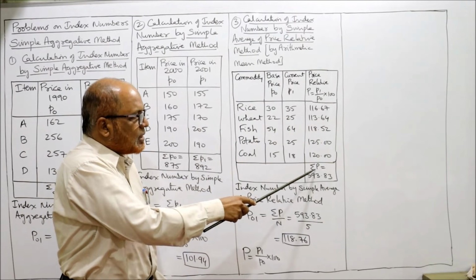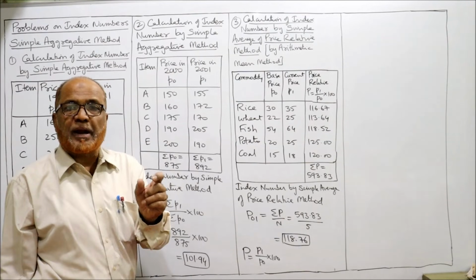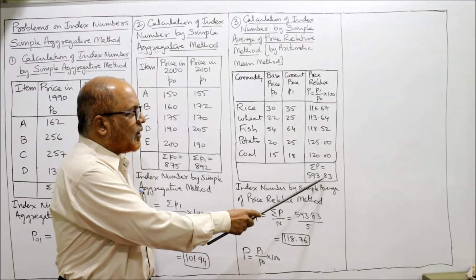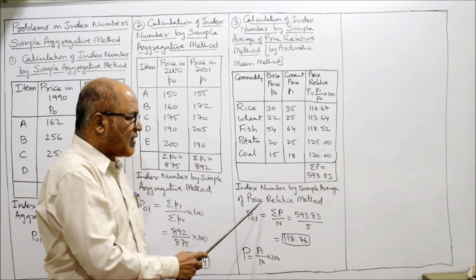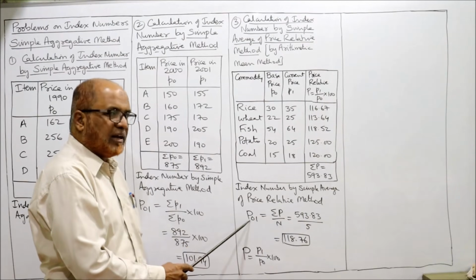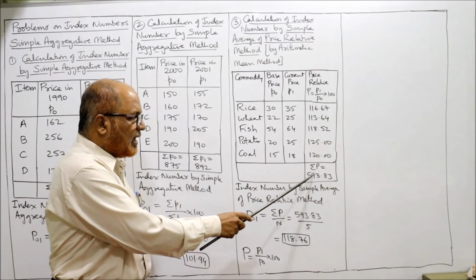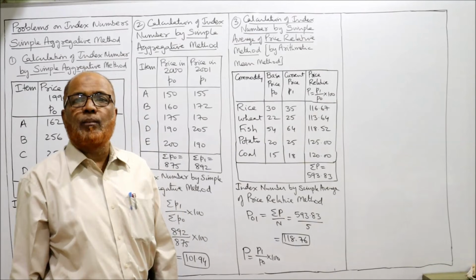Now take the total summation P. Capital P stands for price relative. Remember, summation P is equal to 593.83, the total of this one. Now index number by simple average of price relative method P01 is equal to summation P by N. 593.83 divided by N. N stands for number of items.